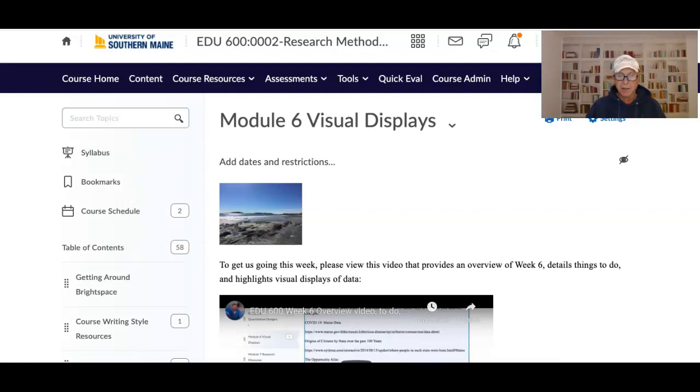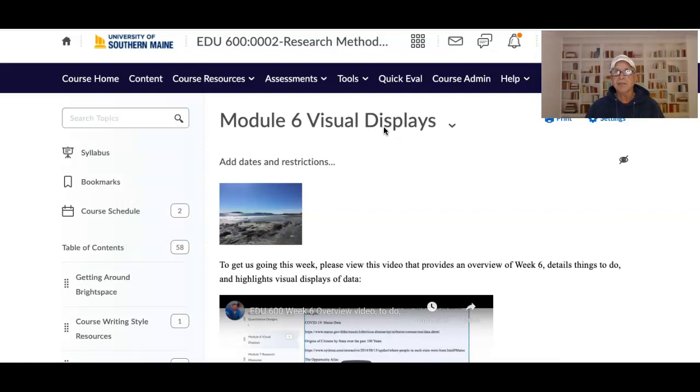So in this week, we're really focusing in on how data is displayed. We're going to be talking an awful lot with quantitative research about the data. We can also talk about this with qualitative, but in quantitative it's more finite. So we're entering the world of how you visually talk about the data in a way that makes it accessible to people that are going to be reading it.